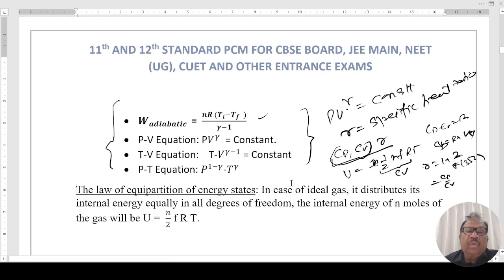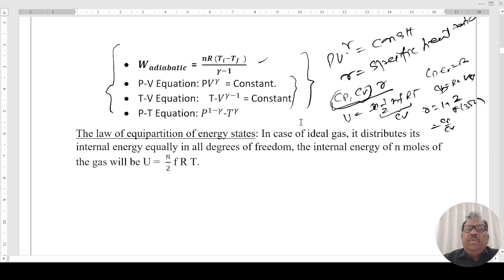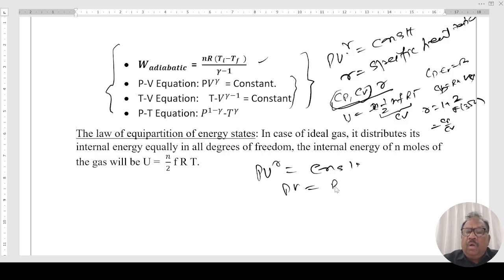Right? And also these equations are very simple. If PV^gamma equal to constant, we have to use the relation PV equal to nRT. If you know that, then you put that directly, otherwise PV^gamma should be known to you.